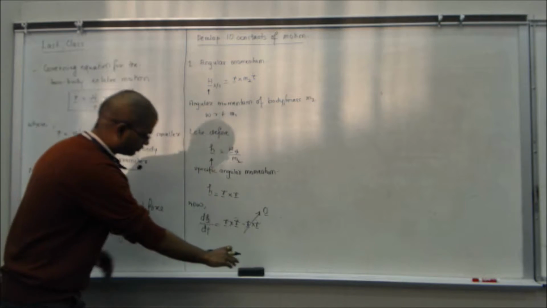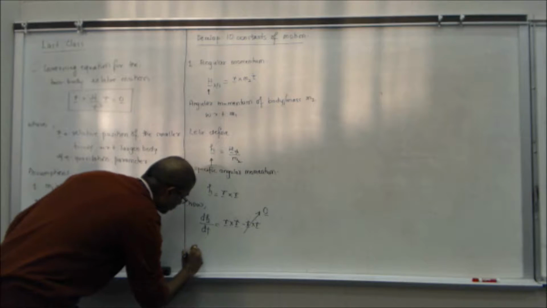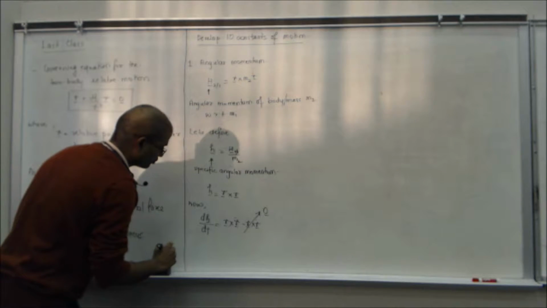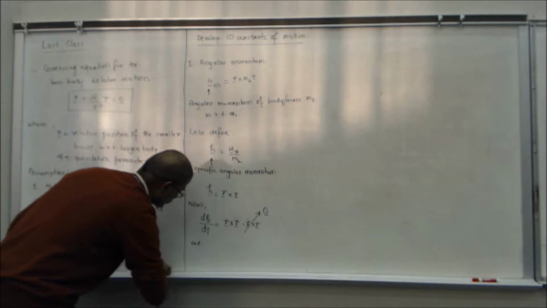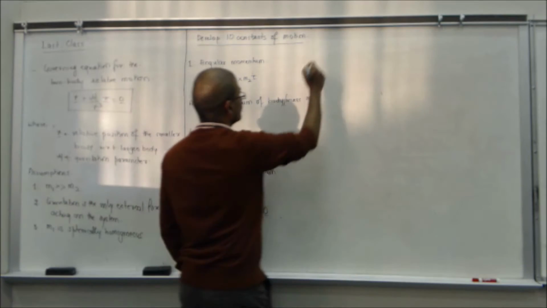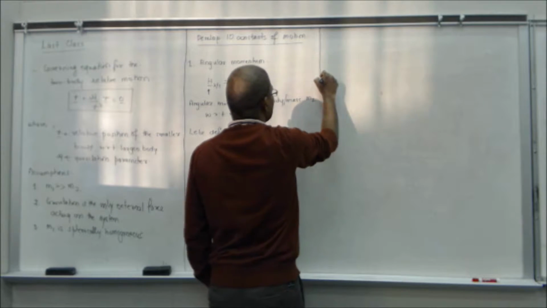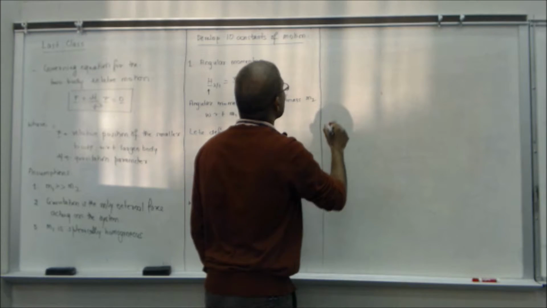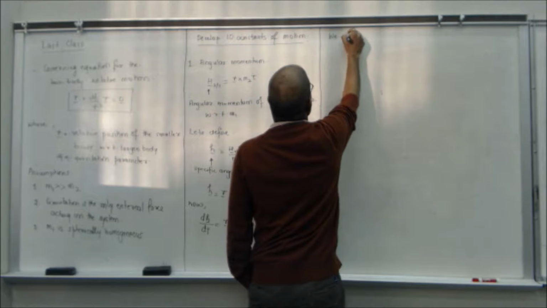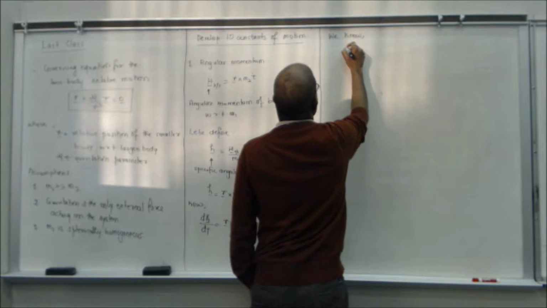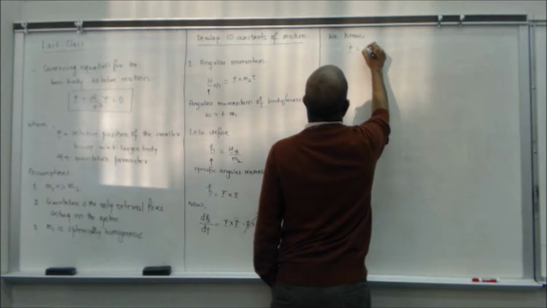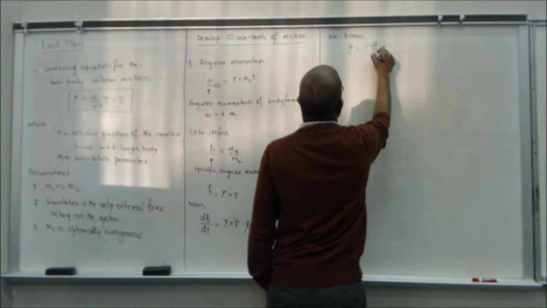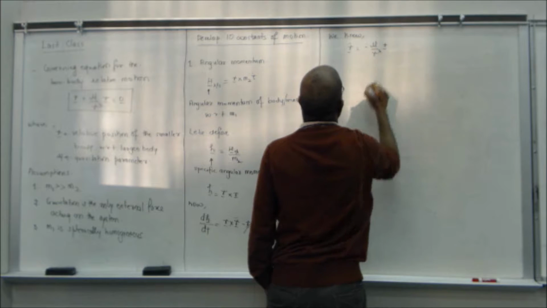And we also know r double dot is equal to minus mu over r cubed r, right?